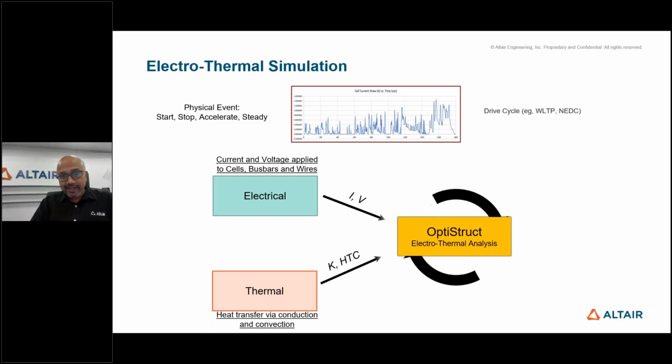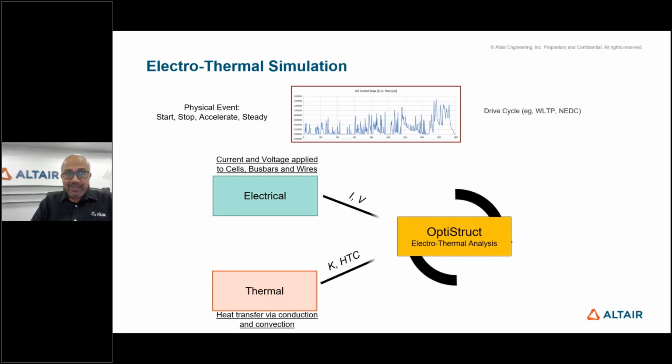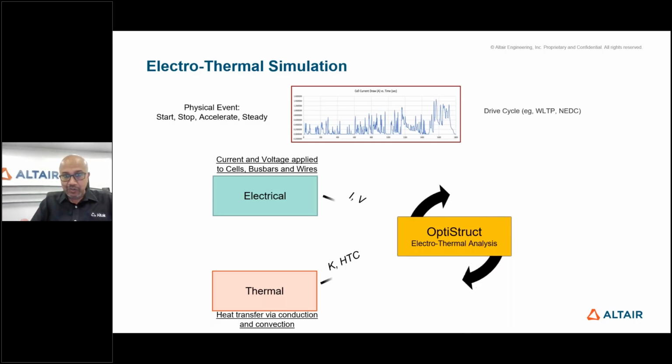Normally, these driving cycles, from the testing point of view, follow either the New European cycles or some world standards for how they have to be tested. But whenever we go through these types of events, there is a constant change in the current, or there can be cases where it is steady also.